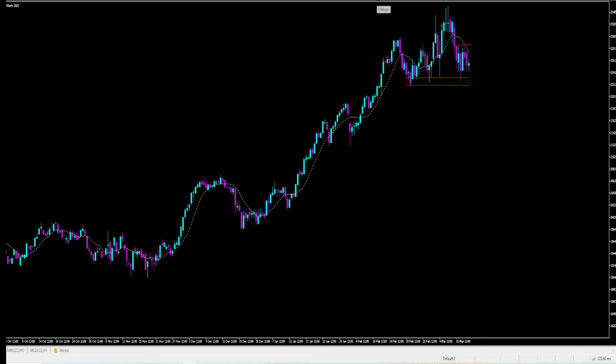So again, kind of like oil, unless we clear out these lows below this rectangle and start moving lower, in which case there are areas significantly lower down here to target. But unless we clear out this area here, I'm not interested in the DAX.